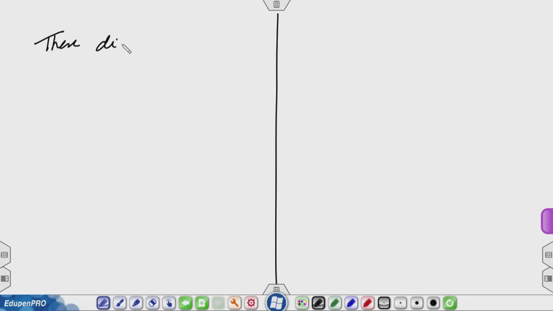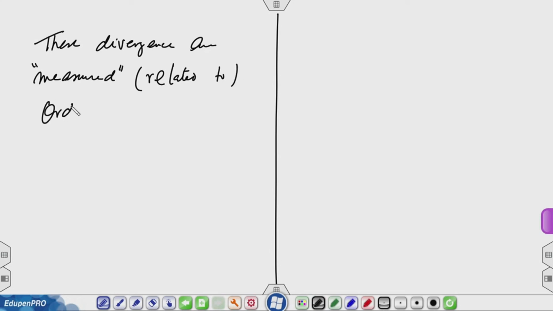These divergences are measured, or what I'll call is related to, something called the order parameter. This is something that tells you what's happening in the system.